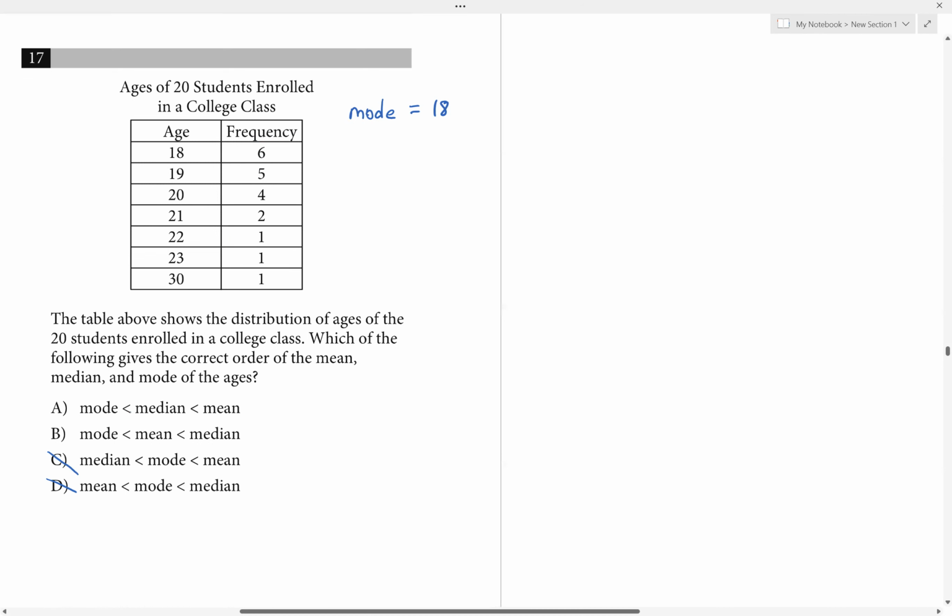Now we just have to figure out: is the mean greater than the median, or the median greater than the mean? What we have to recognize is that we start with 18, which has the highest frequency, and as we go down the list we get less and less.